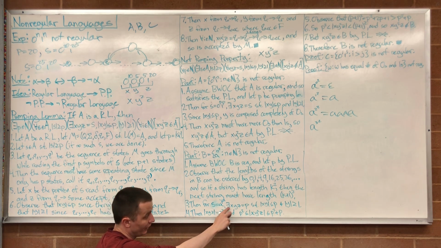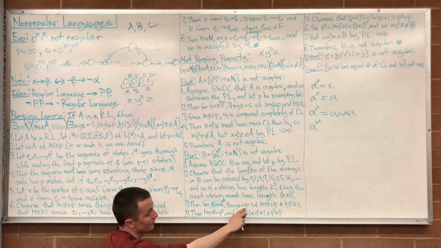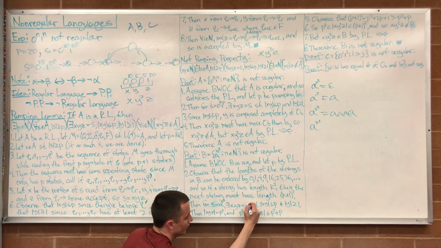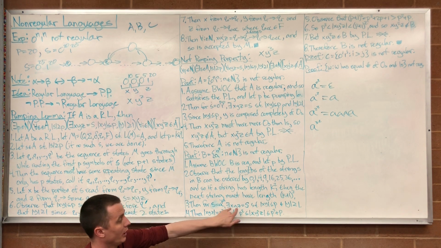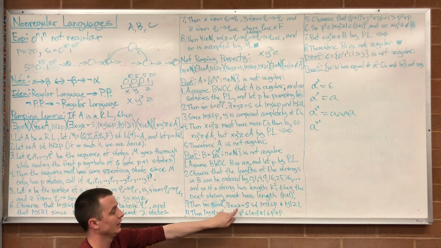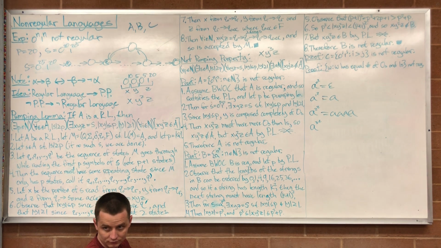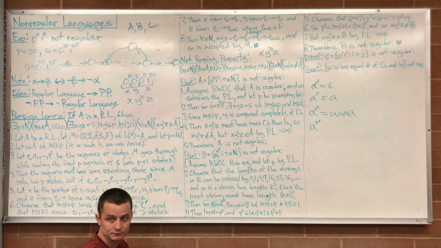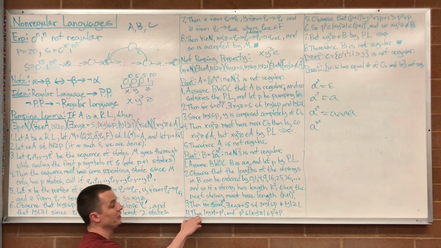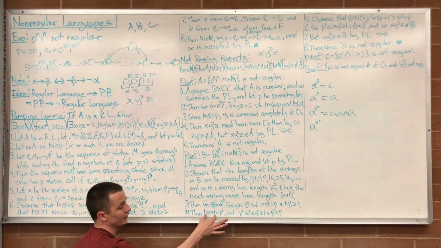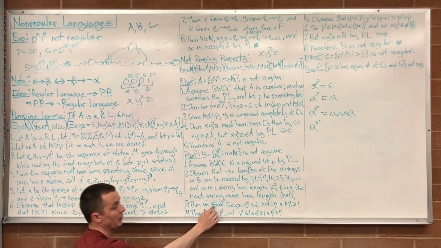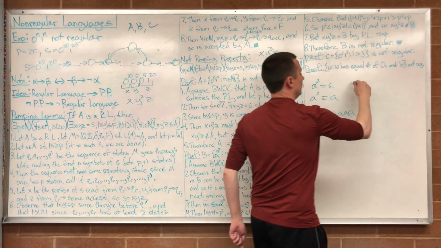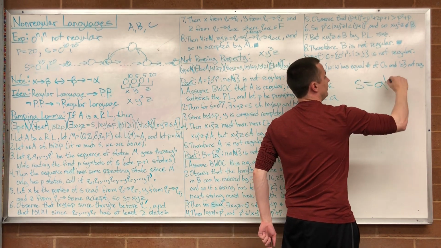And so there exist X, Y, and Z such that S equals XYZ, the length of the XY part is less than or equal to P, and the length of the Y part is greater than or equal to 1. Good so far? So then, what is the length of the entire string S? P squared. Remember, S is equal to A to the P squared.